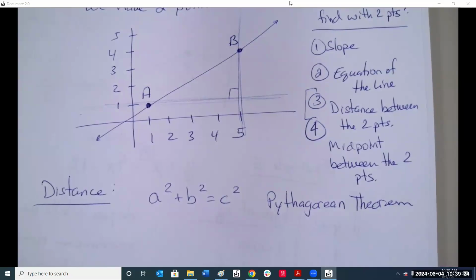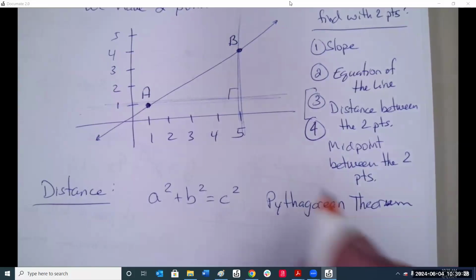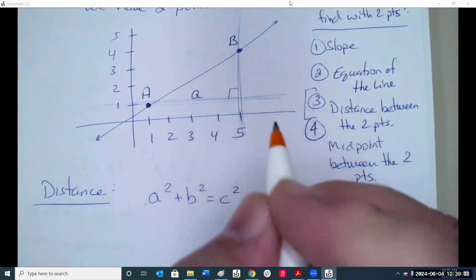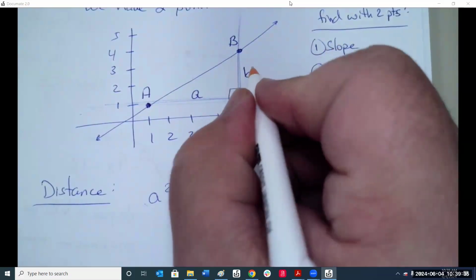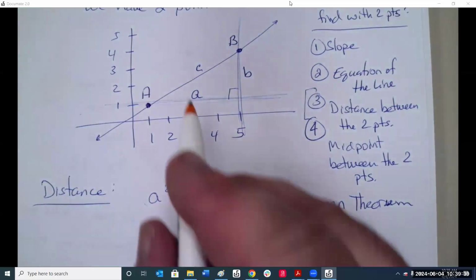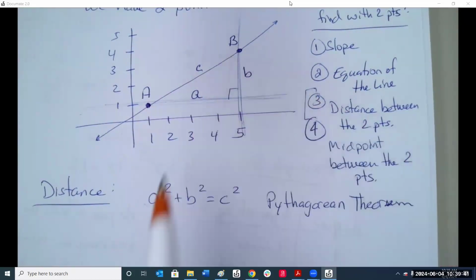Where A is the horizontal side, B is the vertical side, and C is the hypotenuse. That's actually telling you the distance between A and B.